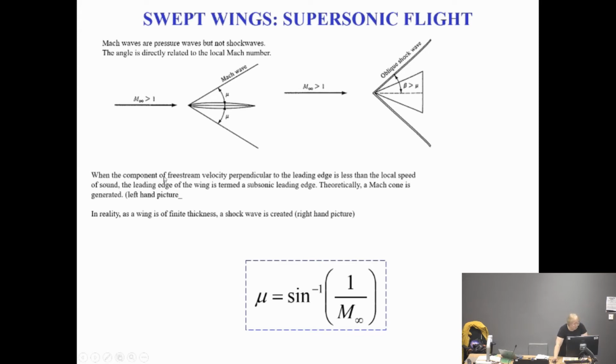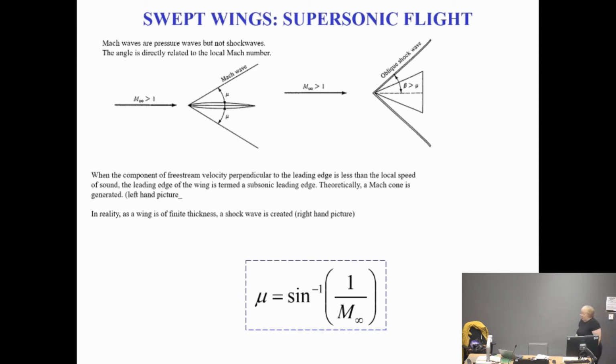Now, what the whole point of this is, let's have a look. When the component of free stream velocity perpendicular to the leading edge is less than the local speed of sound. So if we're starting to sweep things back, even in a supersonic flow, you can ask what is the angle that this is at? The flow comes along, but it's at an angle to the wing, because the wing has been brought back on sweep.